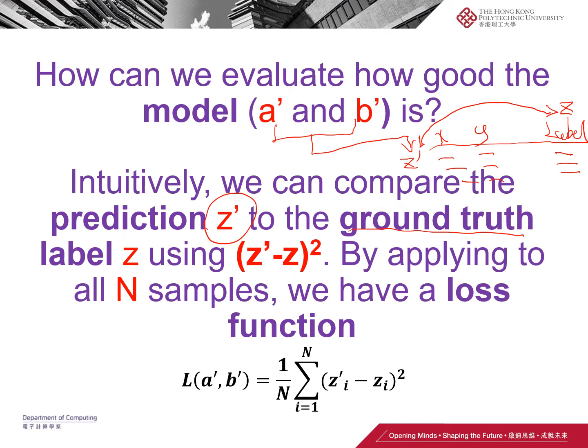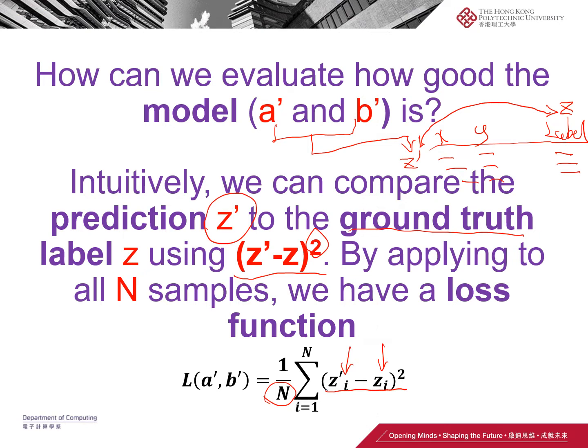We can compare the difference by just subtracting them, and we square it to eliminate the effect of the sign of the result. Let's say there are n training examples in that table. We can sum the differences between the prediction and the ground truth together, and get an average of the difference.